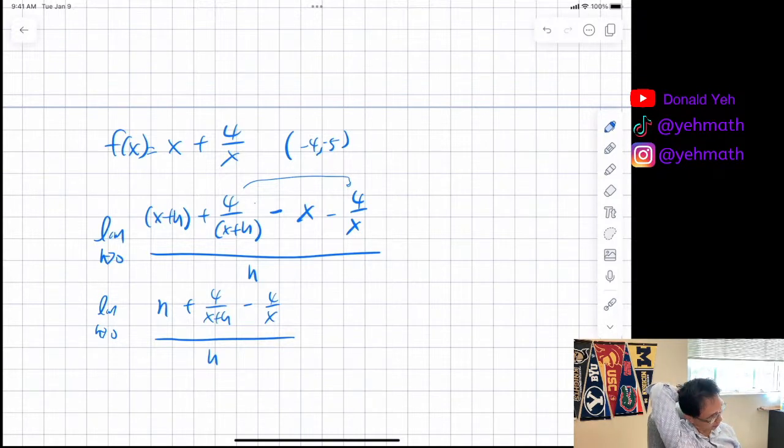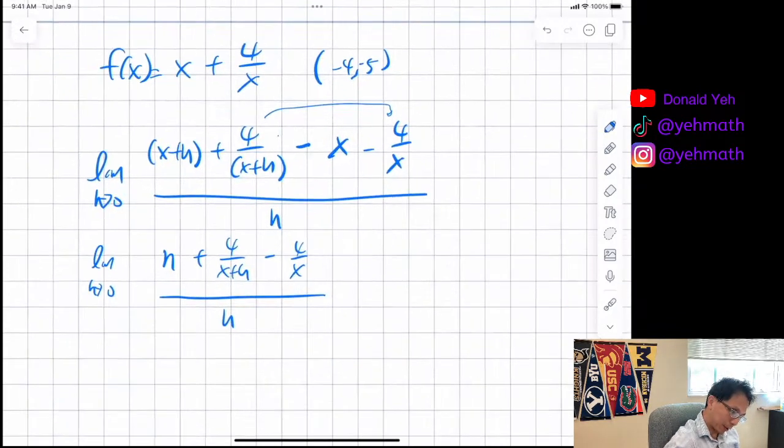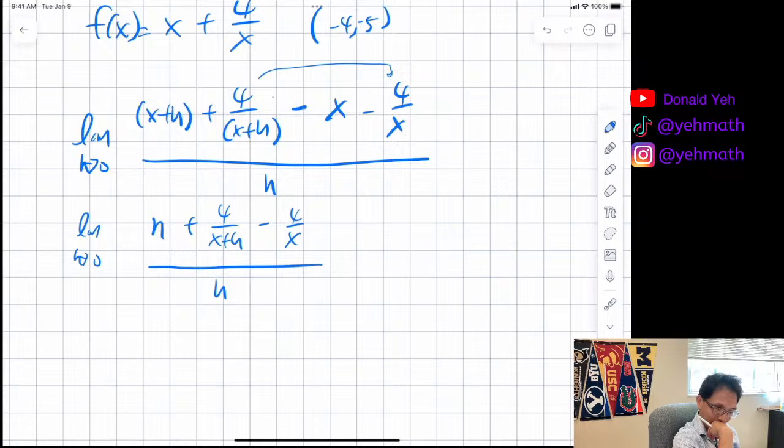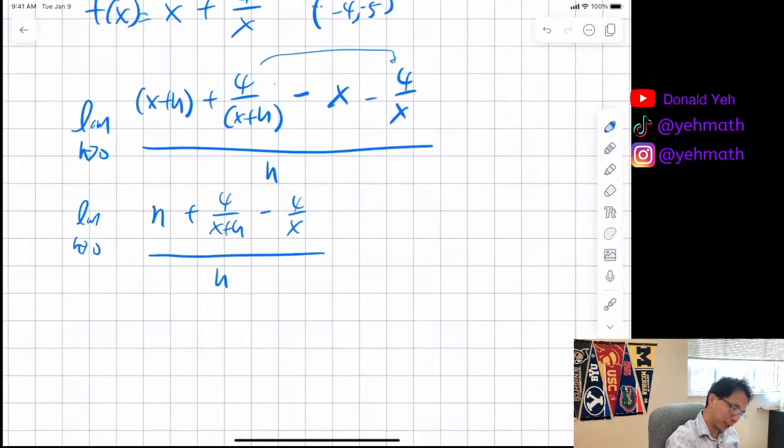And then what else I can do is... there's no sure way to do it, huh? Nope. There is no sure way to do it. So it'd be limits as h approaches 0.